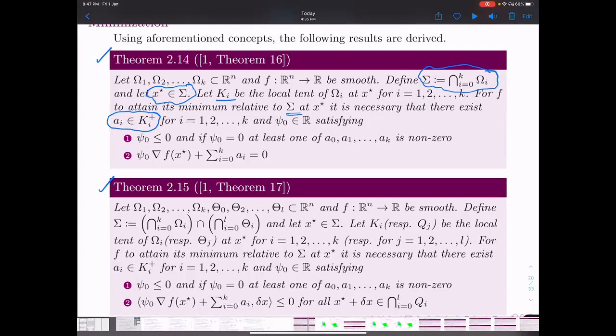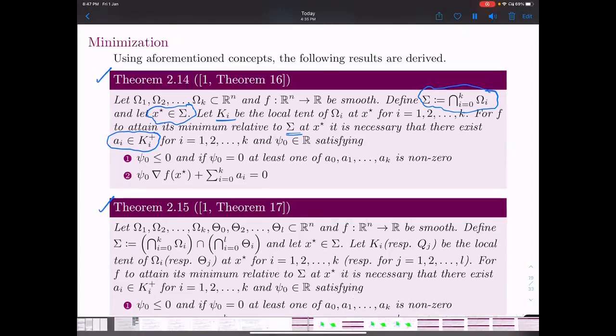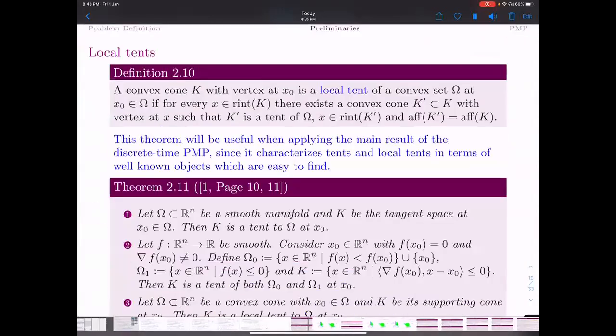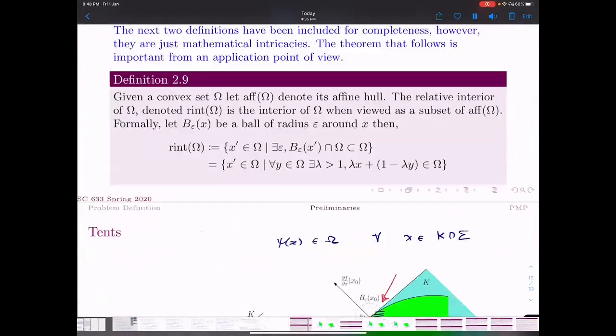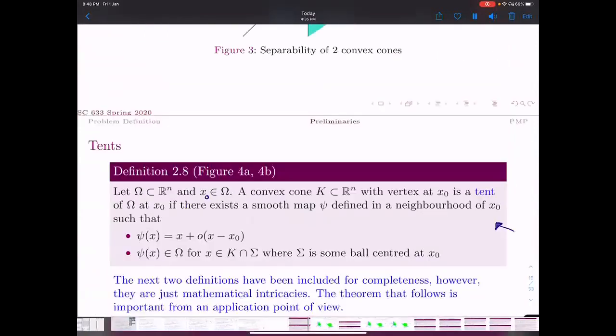The Boltyanskii maximum principle relies on the notion of a tent, which is a linear approximation to a set near a candidate optimal. Second is the notion of a dual cone, which I will explain now. We are on slide 20, so let me quickly go to a dual cone.